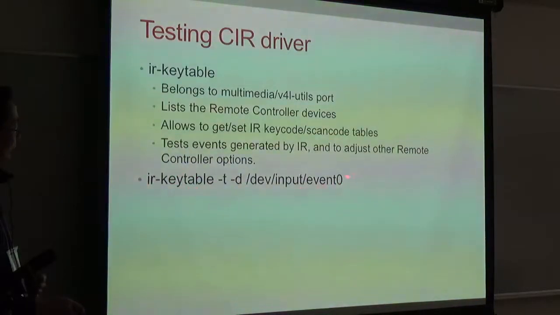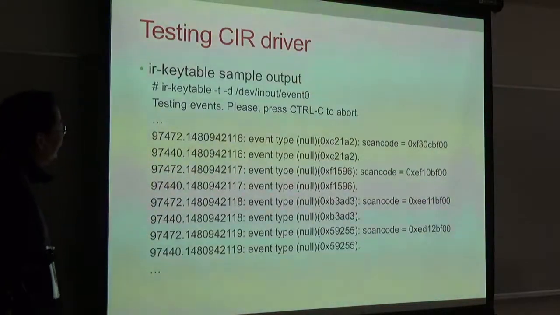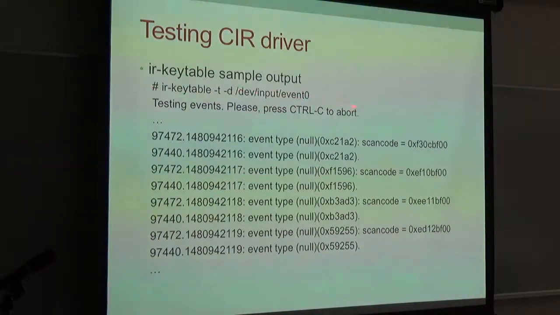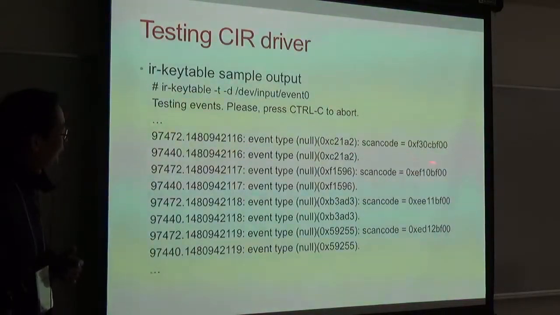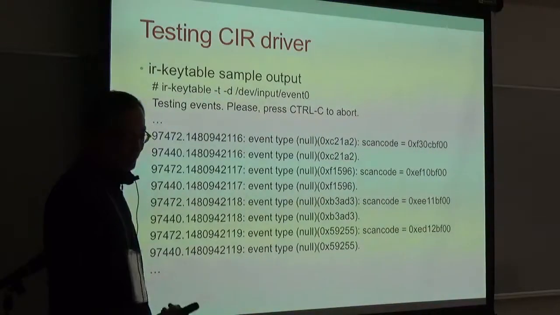We can run it like this: ir-keytable, with arguments -t and -d to specify the event node. The output is a little bit different. I don't know why it says the event type is null and then some code. But basically, for testing, I think it's okay. At least it shows some timestamp and the scan code itself, which means something is working.